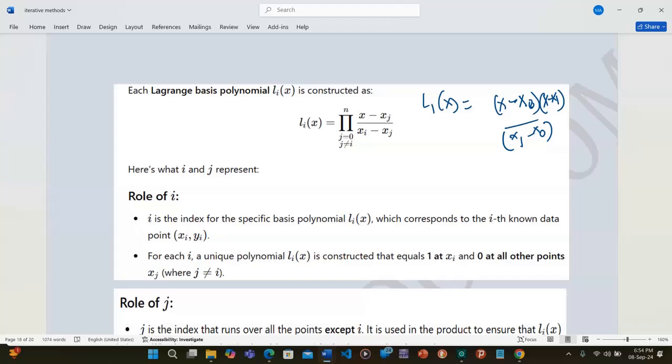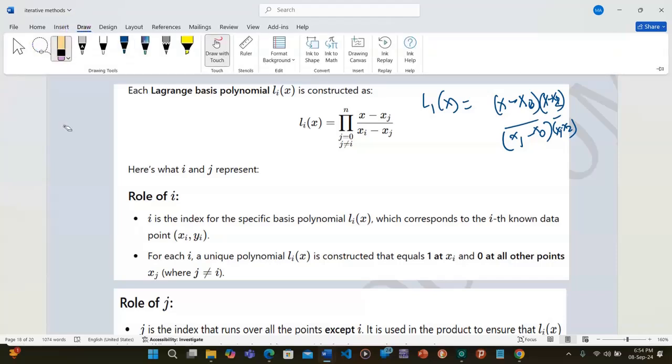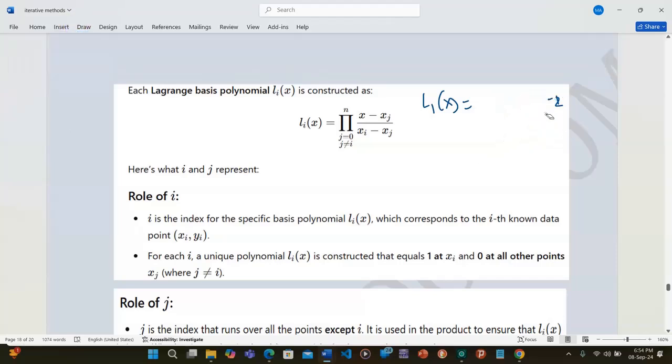We are seeing how you can construct the Lagrange basis polynomial.